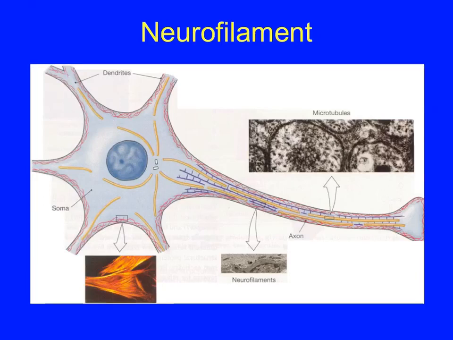How about Lou Gehrig? Does anybody know Lou Gehrig? Who was Lou Gehrig? And what did he die of? Does anybody know what the name of that is? ALS, amyotrophic lateral sclerosis. It's a sclerosis. And does anybody know how they figured out what his problem was?